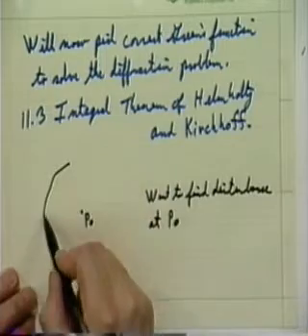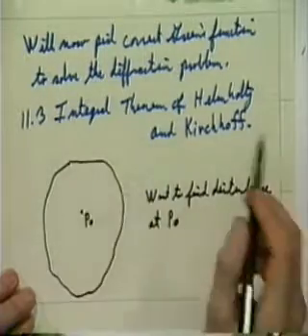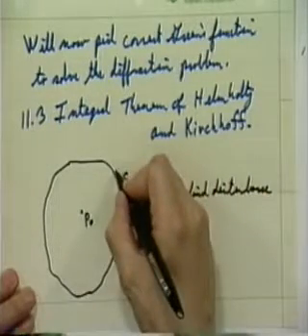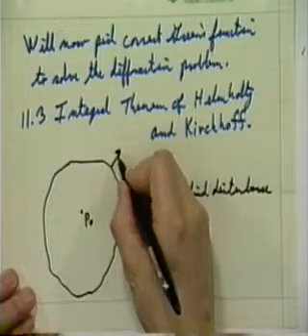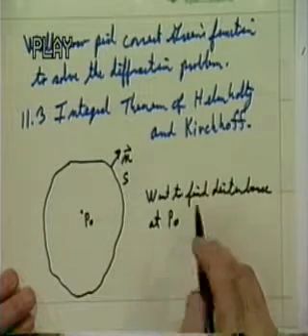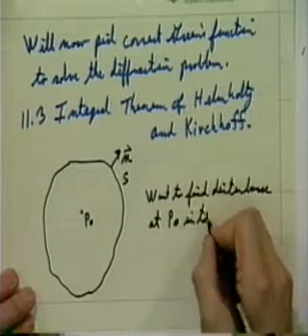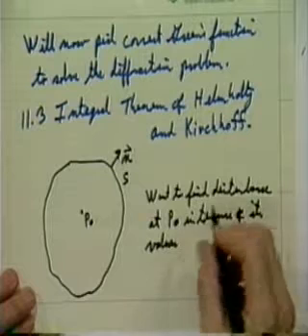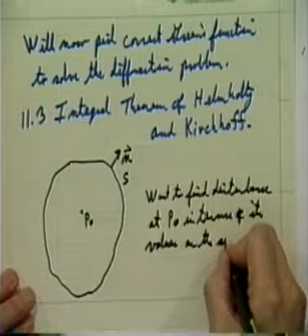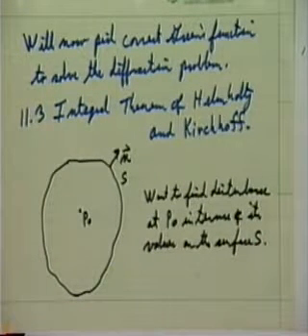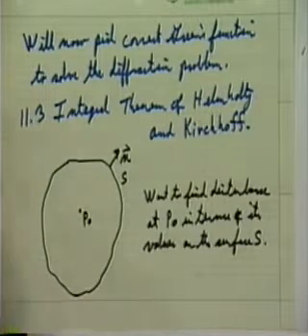So we're going to put some surface here, S, which has some outward normal, N. And so we're going to find a disturbance at P naught in terms of its values on the surface S. Okay? So we will come back to this drawing because we're going to have to modify it in a minute.